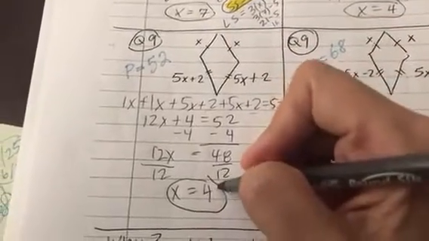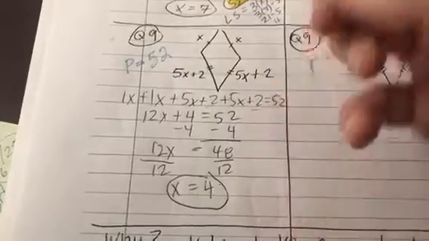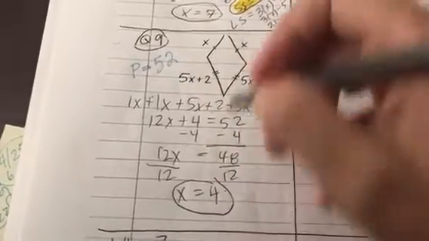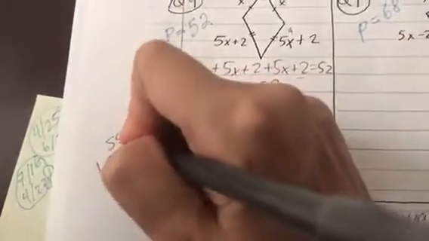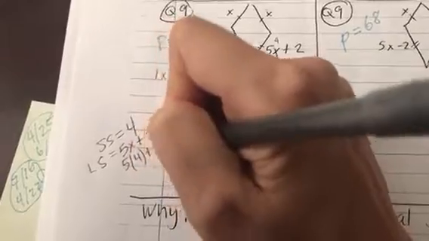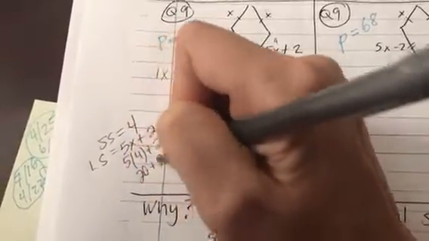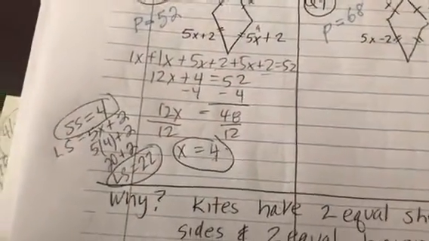Because 4 times 12 is 48, I'm going to plug this back in. When x is 4, my short side is 4. My long side is 5x plus 2, but now I know x is 4. So I have 5 times 4 plus 2, so that'd be 20 plus 2. So my long side would be 22. And my short side is 4.